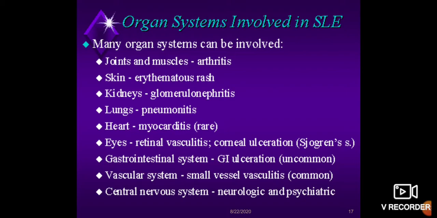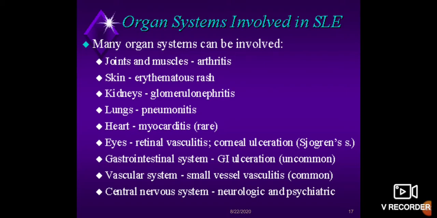Which organs are affected with systemic lupus erythematosus? Actually, many organs and systems can be involved, like joints and muscle, causing arthritis; skin, causing erythematous rashes like the butterfly rash; kidneys, causing glomerulonephritis; lungs, pneumonitis; heart, myocarditis; eyes, retinal vasculitis and corneal ulcers, Sjogren's syndrome.